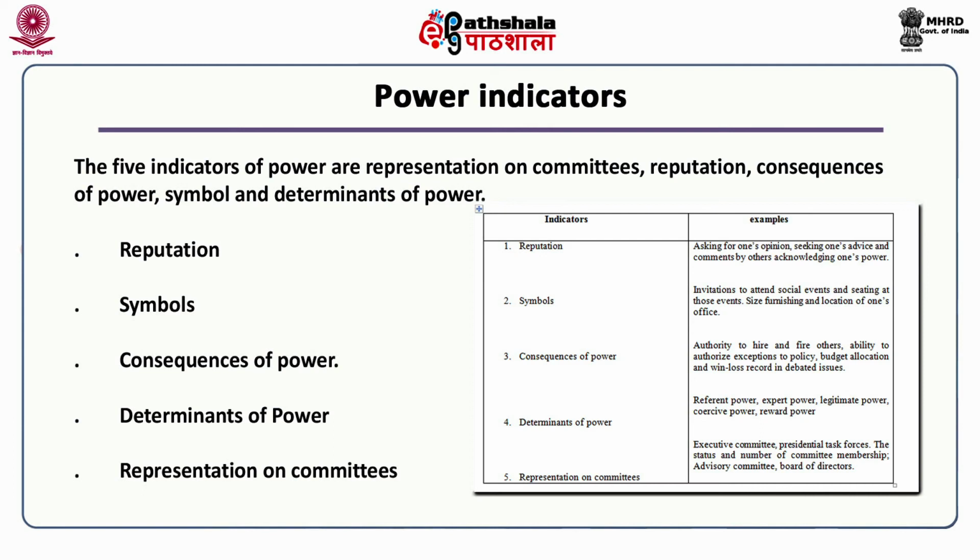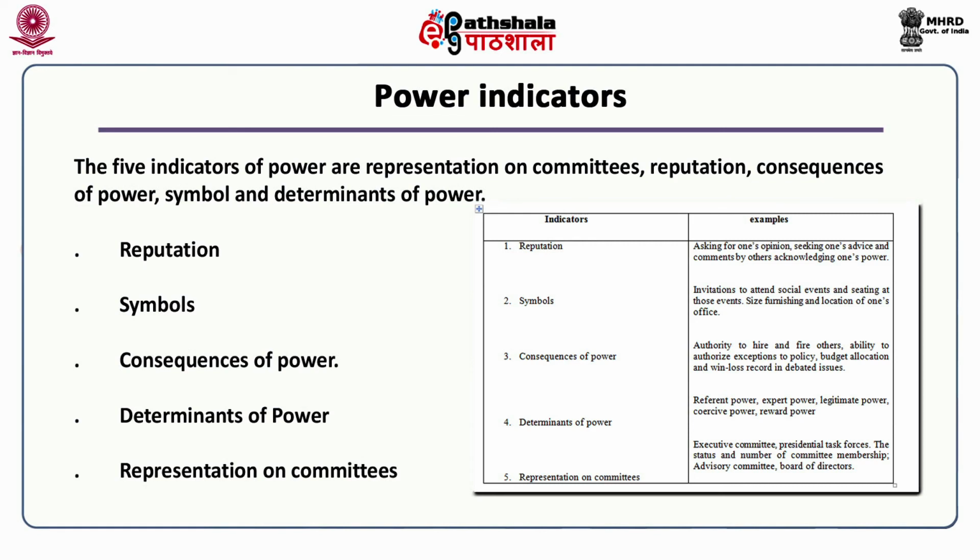Fourth, determinants of power. The people who have the greatest power possess good knowledge. One method of assessing power focuses on the potential to exert influence and consists of measuring how many determinants of power are available to each member.